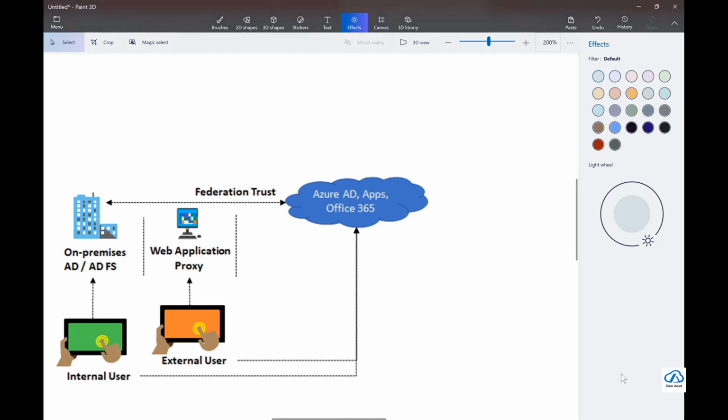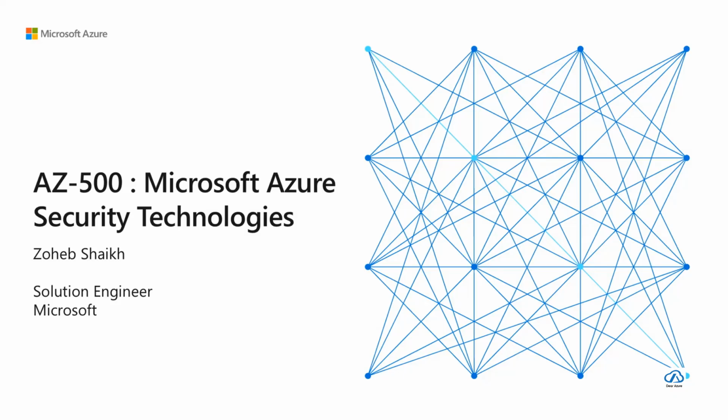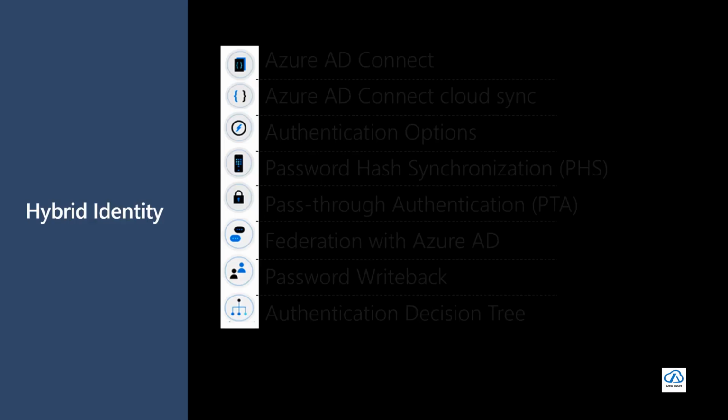Okay, so that's very briefly the three authentication types. Again, the purpose of this presentation is not to take you through the basics, but just to introduce what you can expect and what you need to know. Generally, the scenario-based question which is going to come in AZ-500 will be like this: you have an organization that does not want to synchronize passwords in the cloud.